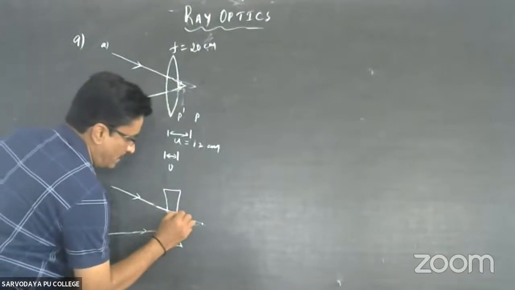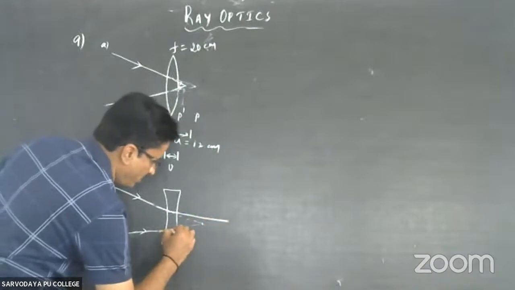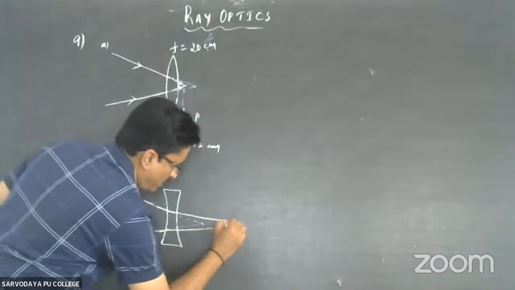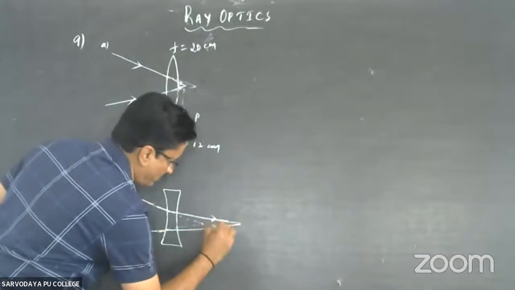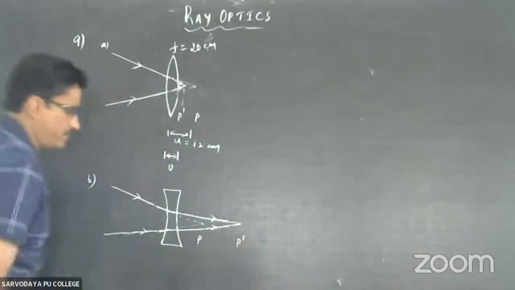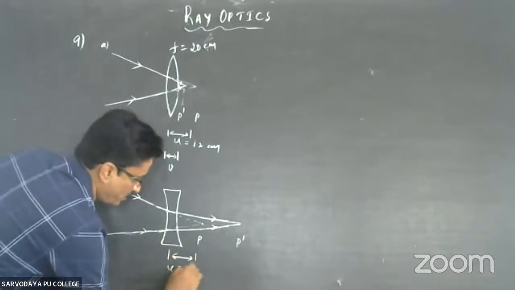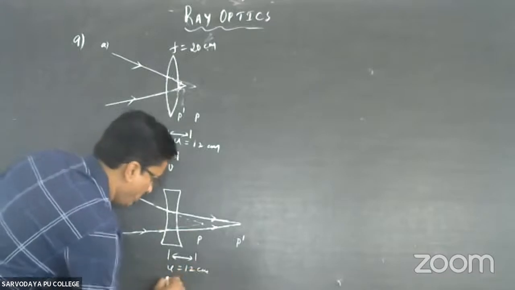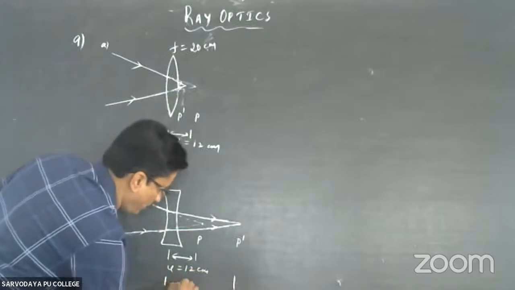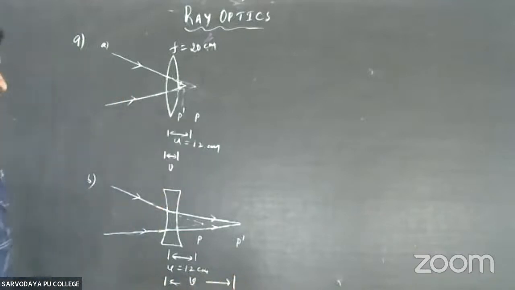Therefore, it reduces the convergence, and thereby the rays will be made to converge at some point here. Therefore, this is P, this becomes P dash. This distance remains u, which is 12 centimeter, but this distance is now v. This we have to find.